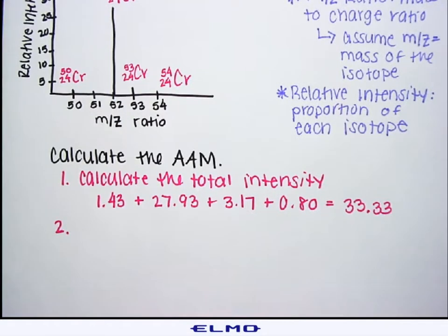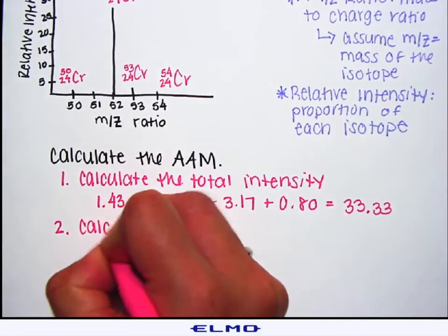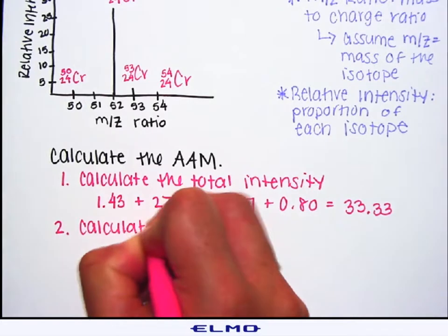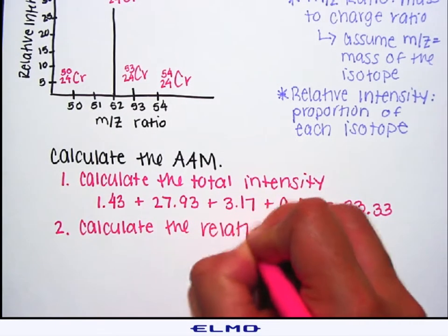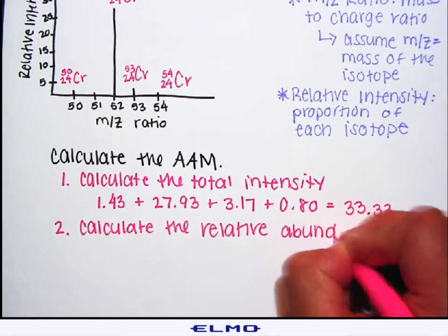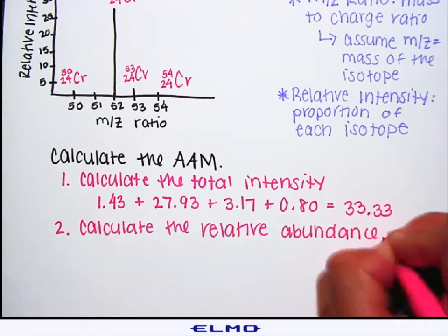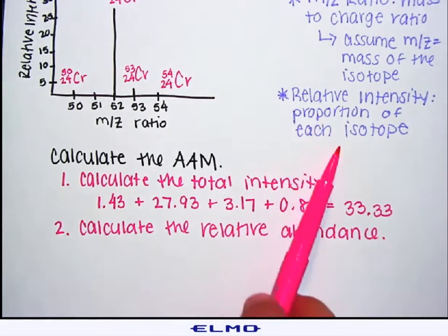Step two. Once we have the total intensity, we can calculate the relative abundance. So relative intensity is the proportion of each isotope.